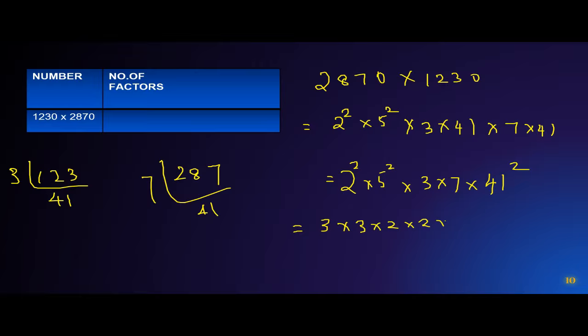So your answer will be 3 into 3 is 9, and this will be 27. 27 into 4 is your answer. So 27 into 2 is 54, and 54 into 2 again gives you 108. So the total number of factors for this is 108.